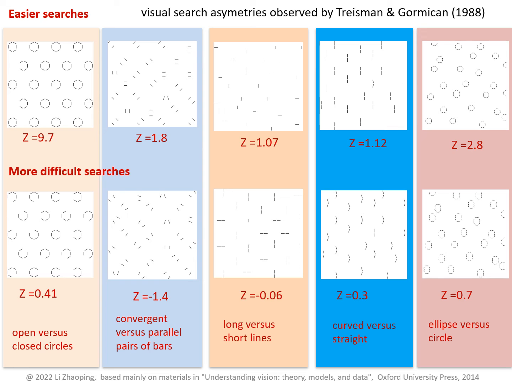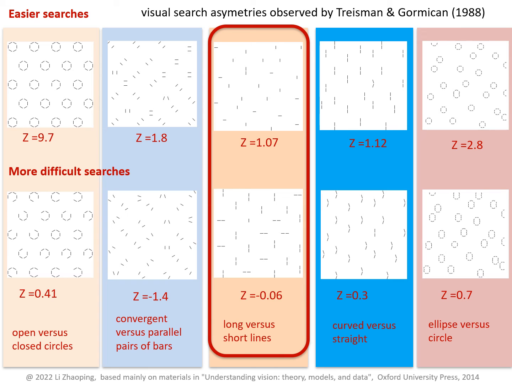And these search asymmetries are subtle, and they require multiple V1 mechanisms for contextual inferences to work together to give such outcomes. Except perhaps in one case, where collinear facilitation alone could explain it. Overall, these agreements between the model and data increase our confidence about the V1 saliency hypothesis.